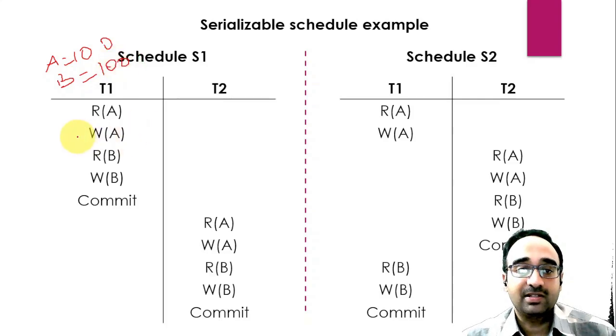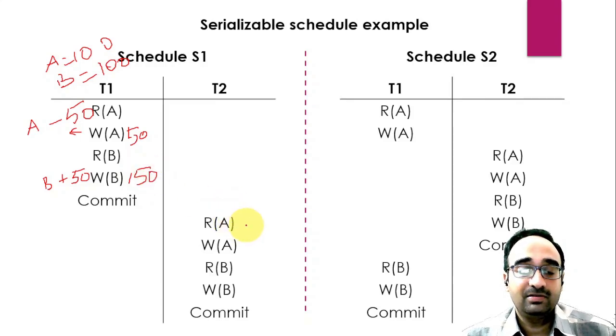Let's say this write operation is doing A minus 50, that means 100 minus 50, so A becomes 50. T1 reads B, that is 100, and again let's say this write is doing B plus 50, so it becomes 150.